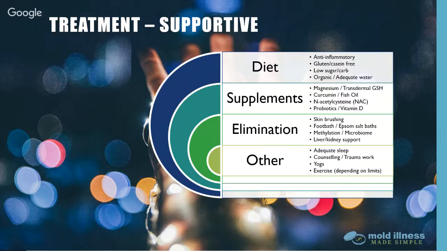So diet is very important because most individuals with Lyme or mold will have a tremendous amount of gut inflammation, and they have a leaky gut and they have carbohydrate intolerance. So getting them on an anti-inflammatory diet, getting them off gluten, off dairy, and off all sugars is absolutely crucial.